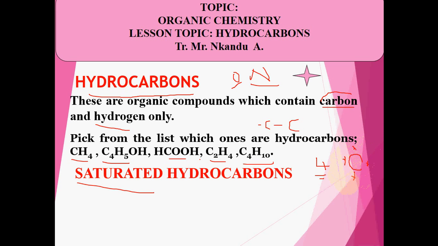Now when we have this kind of carbon throughout the molecule, the molecule becomes a saturated molecule. This simply means that this carbon cannot allow any more bonding to take place, and for that it is said to be saturated.